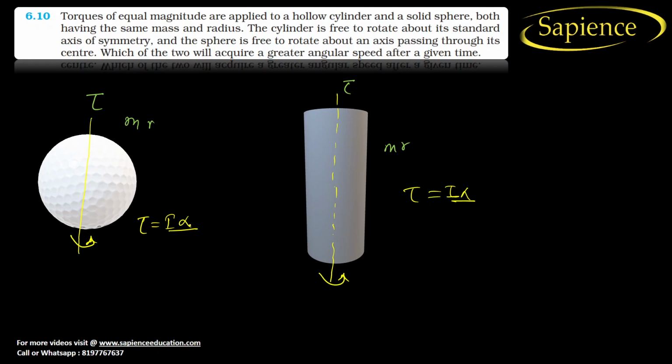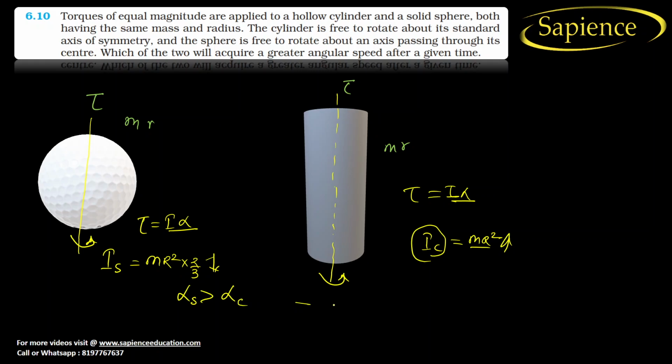The inertia for the sphere is 2 by 3 mr square, but the inertia for the cylinder is mr square. So the inertia for the cylinder is more, and the inertia for the sphere is less. If inertia for the sphere is less, it means that alpha is more. Alpha for the sphere is more than alpha for the cylinder.